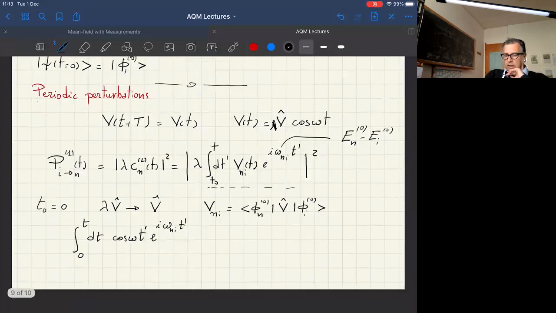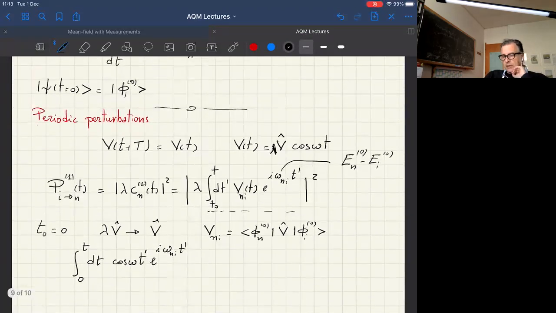Now already here you see that what is really important, this integral will be very strongly influenced by the relation of the frequency of the applied perturbation with the level separation.